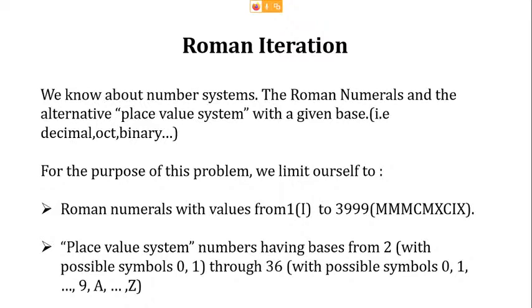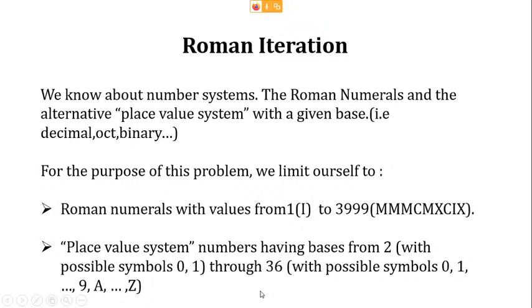For base value, we can take decimal, binary, octal, hexadecimal, and so on. According to the problem, we are taking Roman numerals with a range of 1 to 3999 as the limit. As for the other number system, that is the place value number system, we take base 2 through, or till, 36.